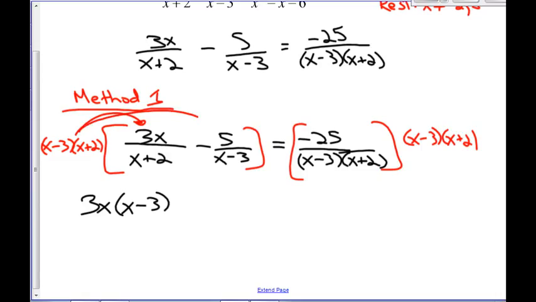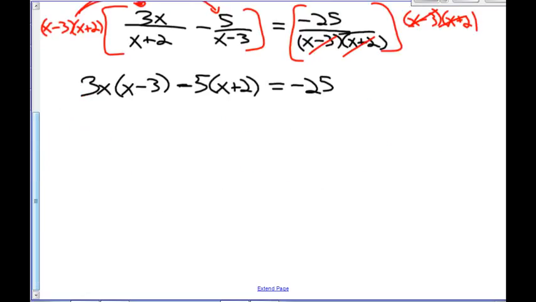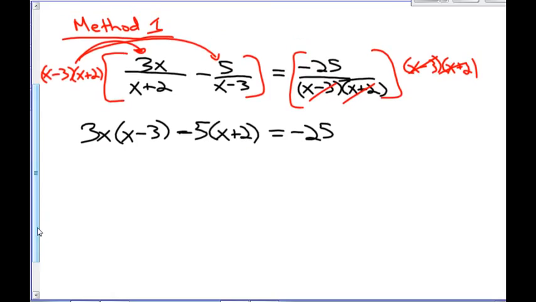If I multiply into this term, then my x minus 3's will divide out, and I'll be left with negative 5 times x plus 2. On the right-hand side, well, everything is going to divide out. So I'll just be left with negative 25. And at this point, it just becomes an equation that we need to solve. Now you'll notice that as I multiply out, I'm going to get an x squared, so this is a quadratic.